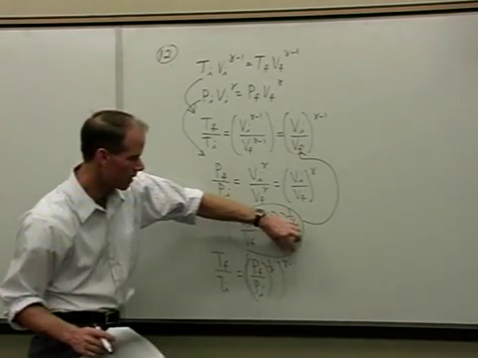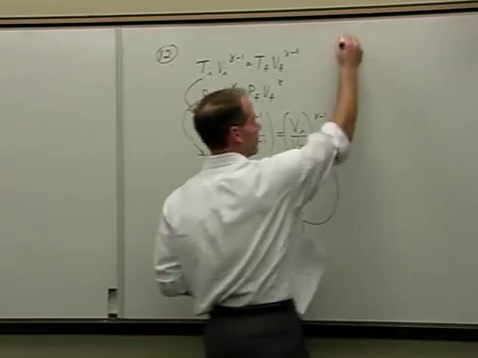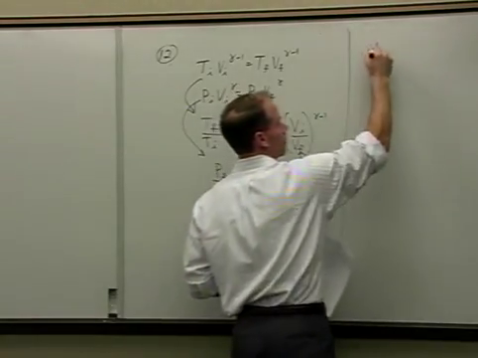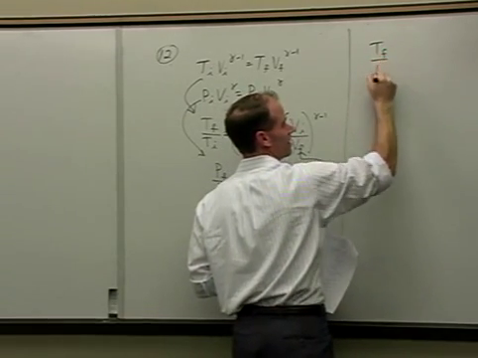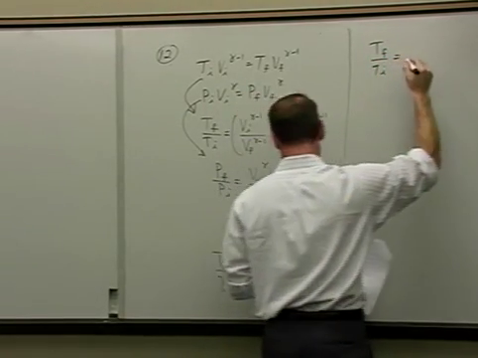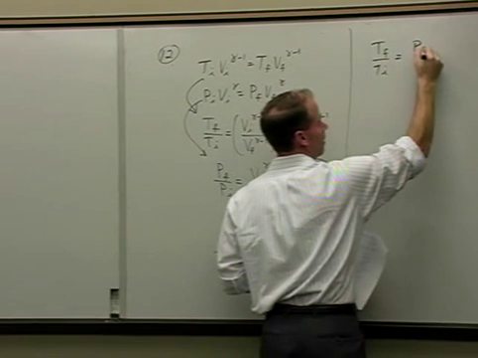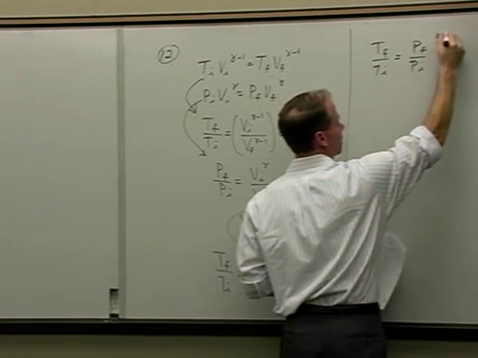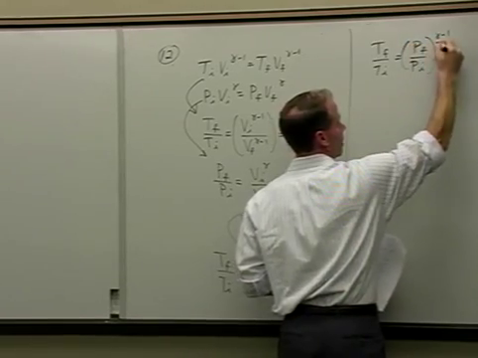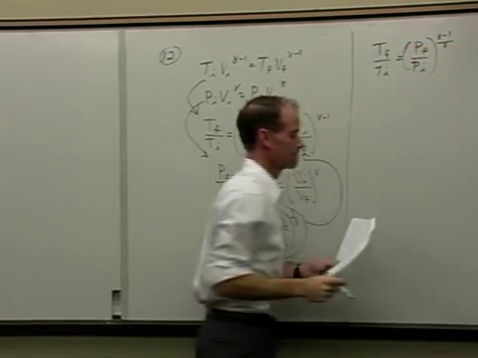So I have a power times a power. Bear with me, we're going somewhere with this. T final to T initial is going to be P final to P initial to the gamma minus 1 divided by gamma, like that.